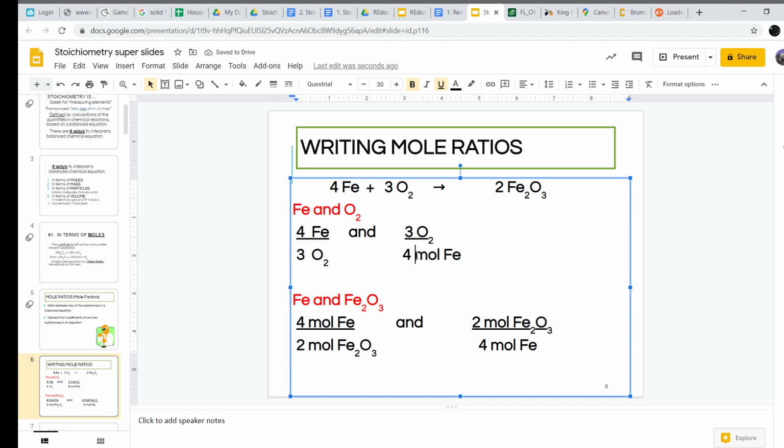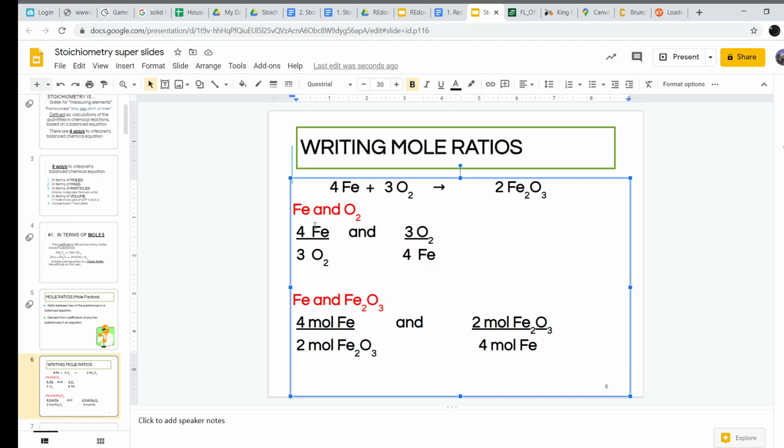So if you end up writing it with mole, yes, that is correct. If you write it without mole, that will also be correct. Because when we go through this equation, these two moles are going to cancel out anyway. So that's the lazy chemist in me not wanting you to write quite as much.